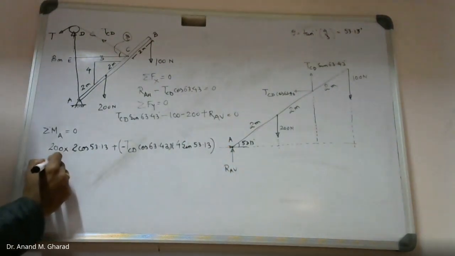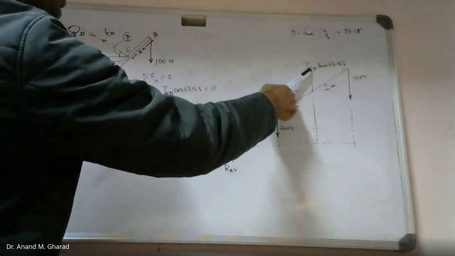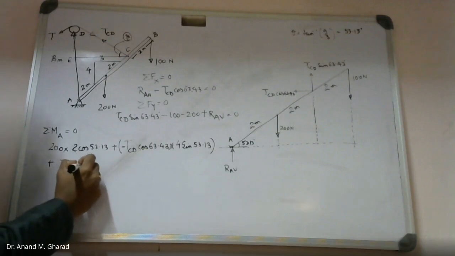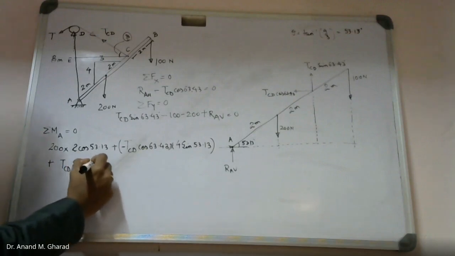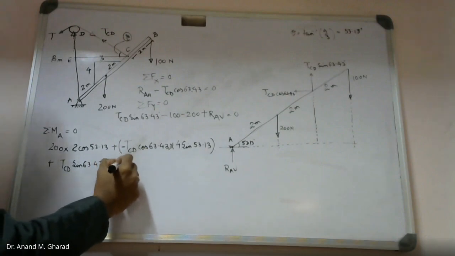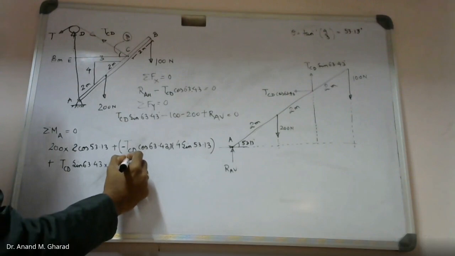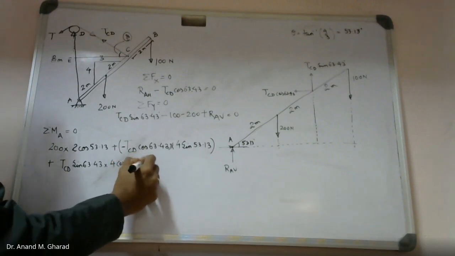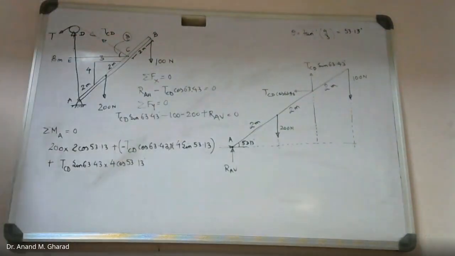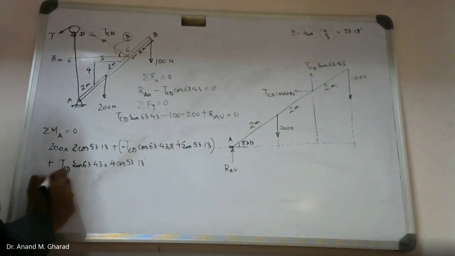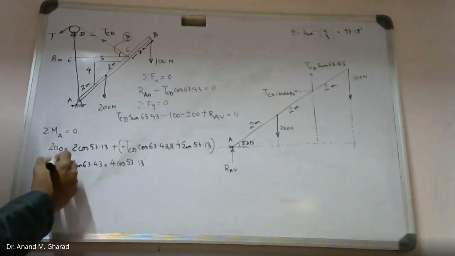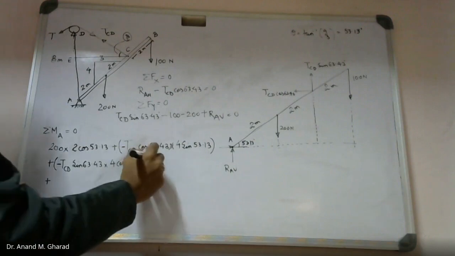Then this TCD sine component, TCD sine of 63.43 into 4 cos of 53.13. Right? Yes, sir. Then how it is rotating? It is rotating again in the anti-clockwise direction. So this will be minus.